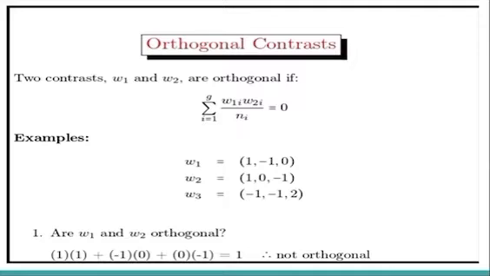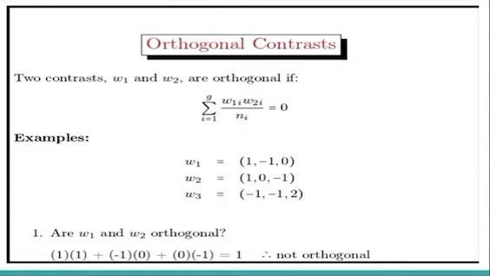Don't forget, analysis of variance requires the independence assumption. The contrasts need to be orthogonal. And how am I going to know? Let's look at this example I'm displaying now. I have 3 contrasts, W1, W2, W3, and I want to investigate for orthogonality. I can look at 2 at a time.